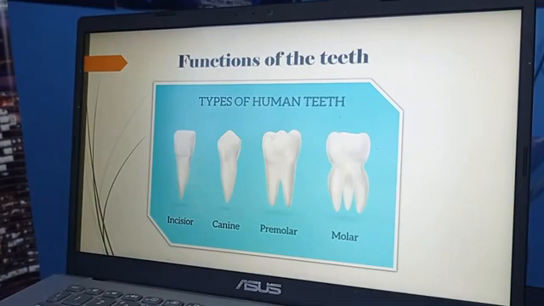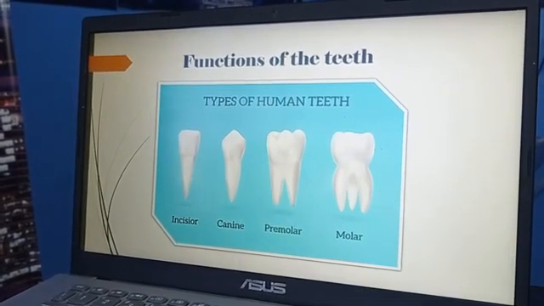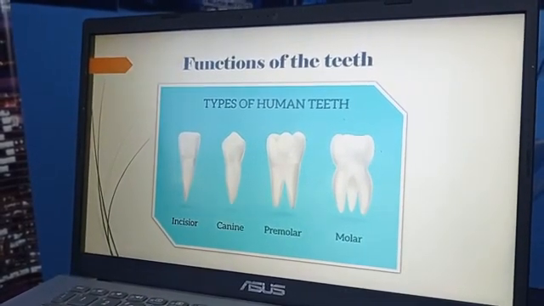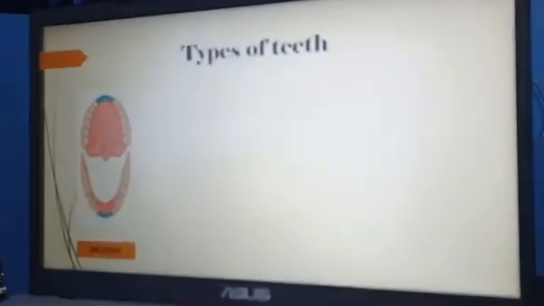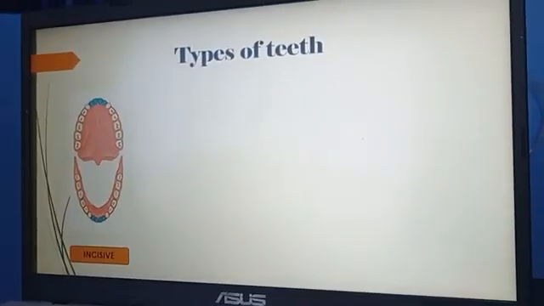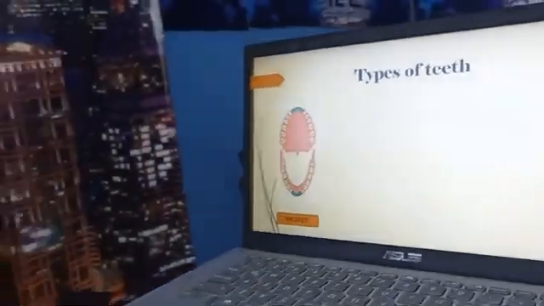Function of the teeth depends on the morphology of each tooth. The most important functions are chewing food by molar teeth and pronouncing words and smiling by incisors and canine teeth. Types of teeth. Incisive teeth: the superior incisors are the ones we show when we smile. There are 8 teeth, 4 frontal and 4 lateral.